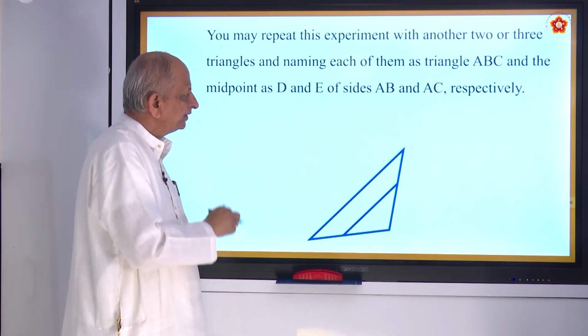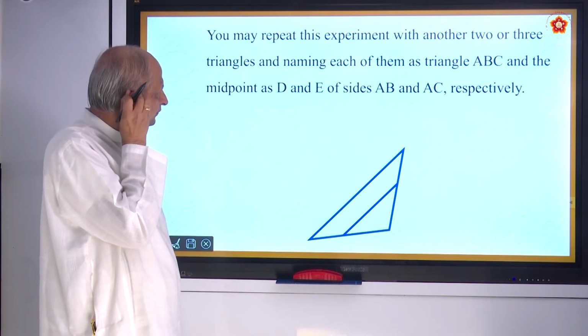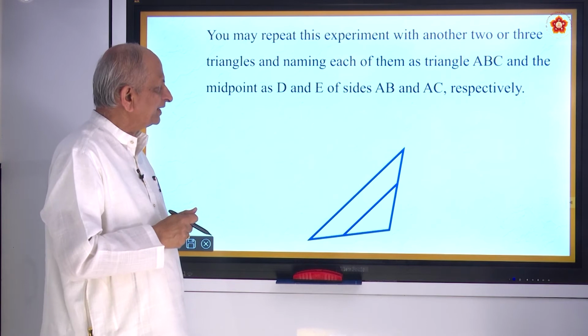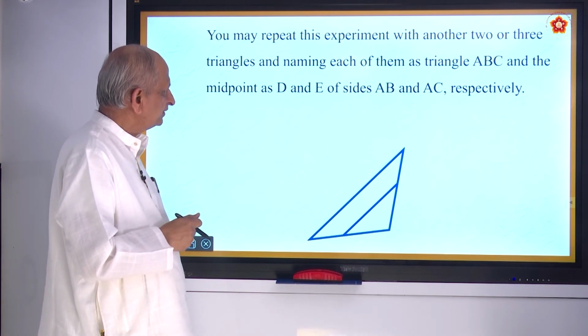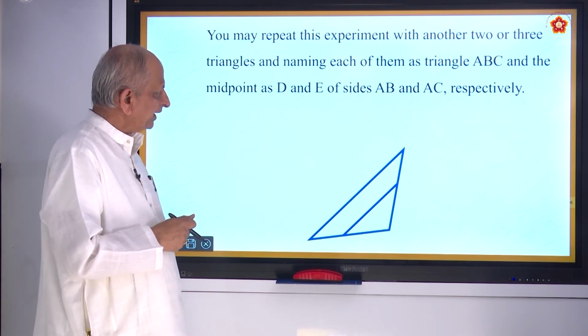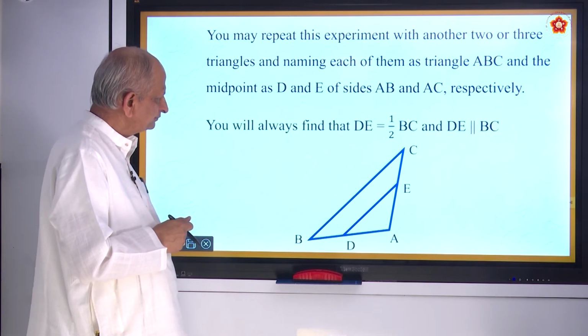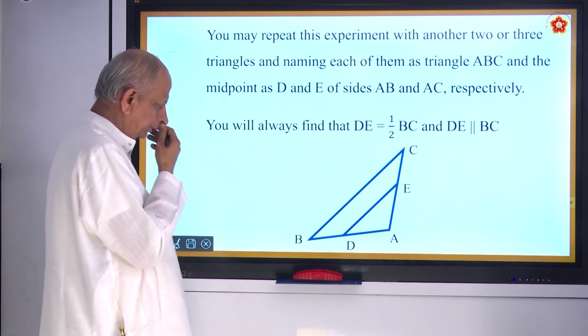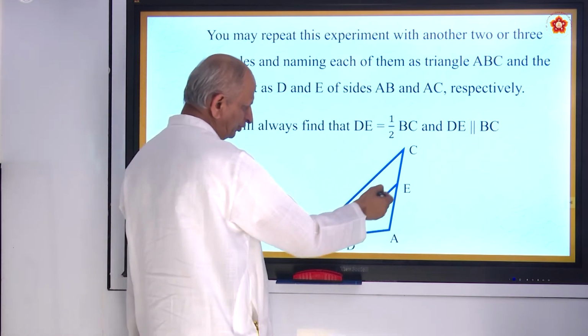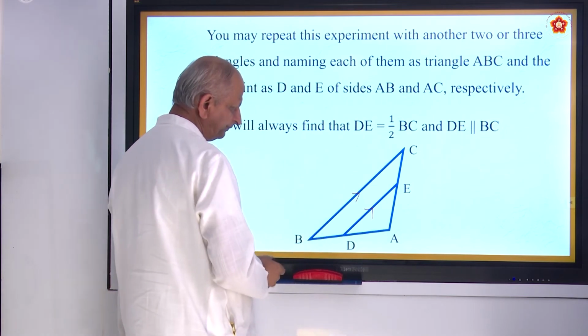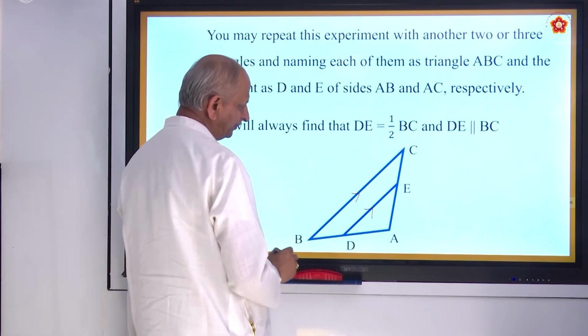Okay. Now we will see the converse of this. You may repeat this experiment with another 2 or 3 triangles, naming each of them and marking the points D and E. So, the DE can be like this also. Here we say DE is half of BC and DE is parallel to BC.